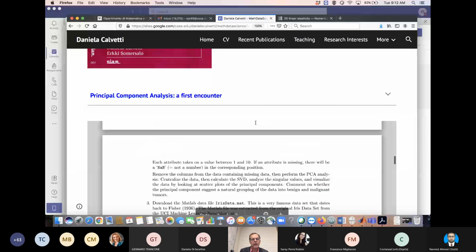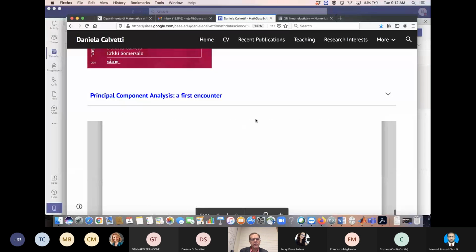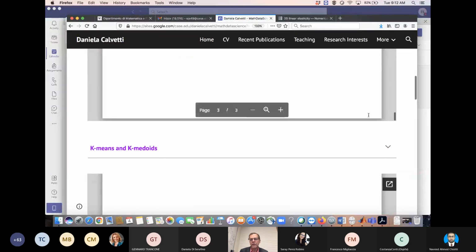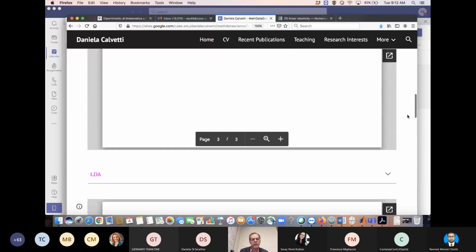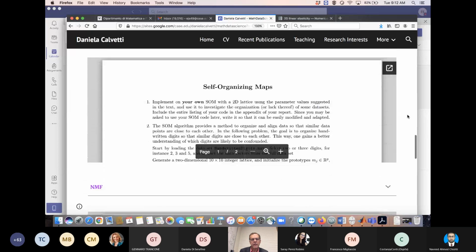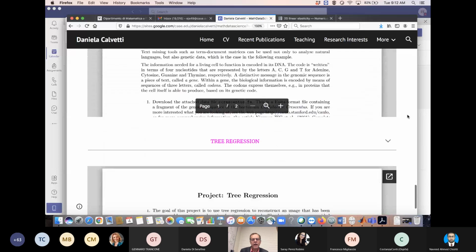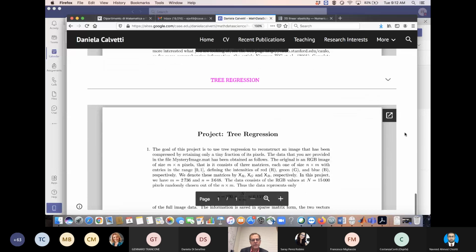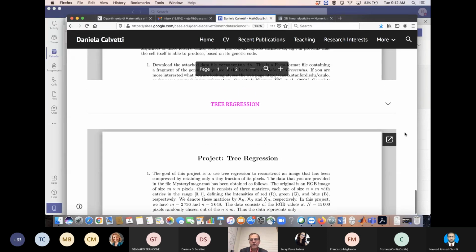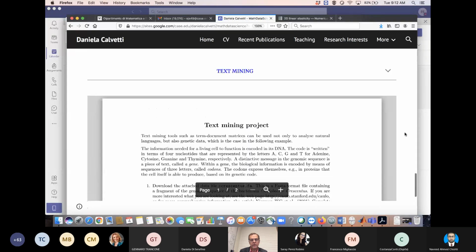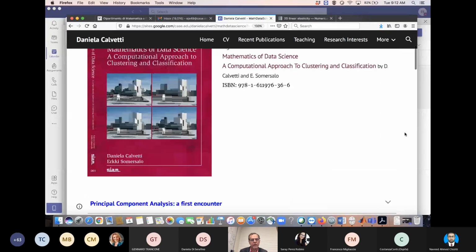There is a series of questions on principal components. There is material about k-means and k-medoids, linear discriminant analysis, self-organizing maps, non-negative matrix factorization, text mining, tree regression, and there will be more. While we are moving along with our course, which we are teaching currently, we are collecting these projects here, so if you just go to the web page, you will have access to all that material.